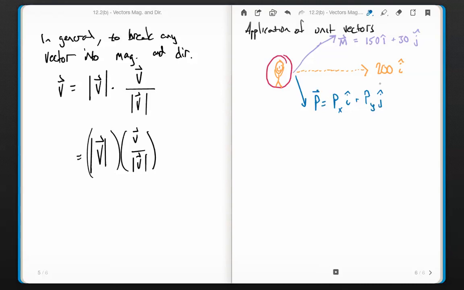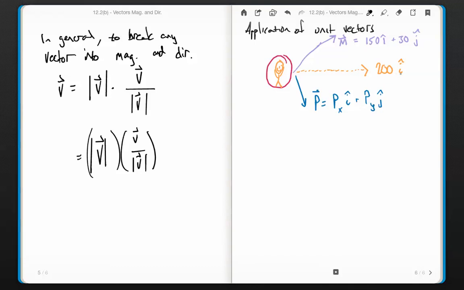Well, if I want these two vectors to add up to be this, remember I can just add up the like terms. Now for the physics students in the group, you'd be like, oh, this is obvious. But if you've never taken a physics class, hopefully you'll find this to be helpful.